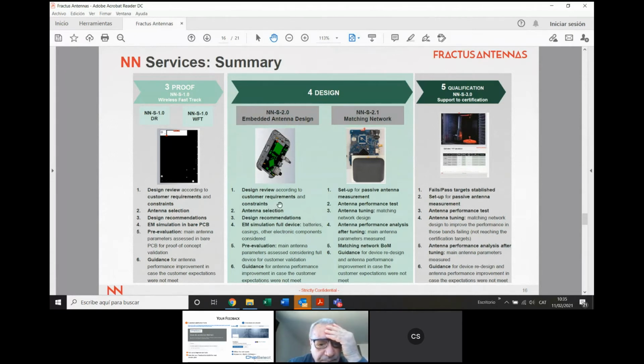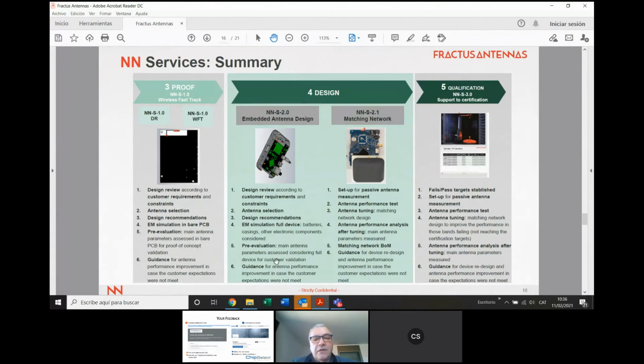We make the design review, and we will select the antenna, and we will send you some design recommendations, and we can also make some electromagnetic simulations of the full device, taking into account the batteries, the casing, other electronic components, and so on.